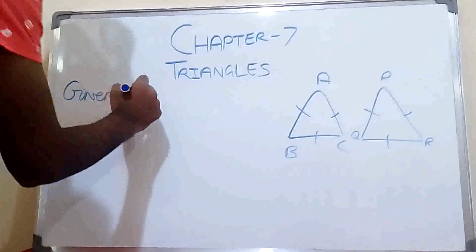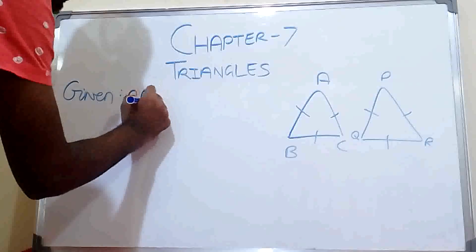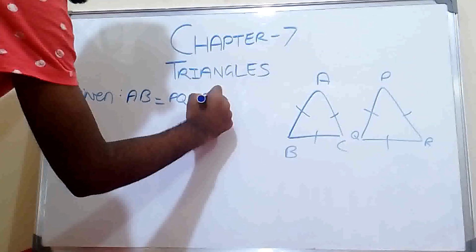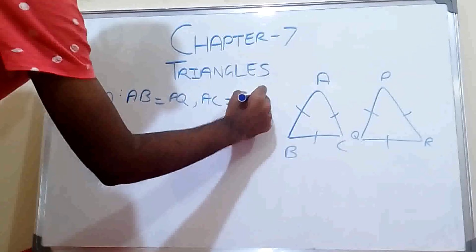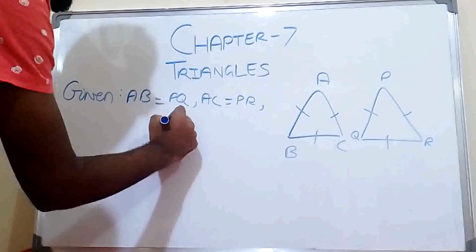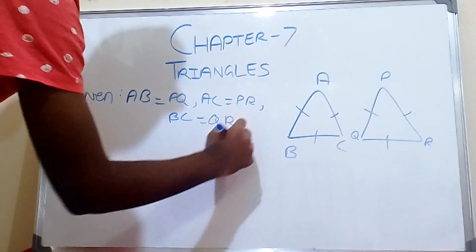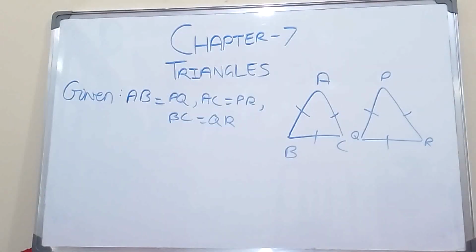So it's given that AB is equal to PQ, AC is equal to PR, and BC is equal to QR. So this is how we write the given statement, all the given values, and now we're going to move forward.